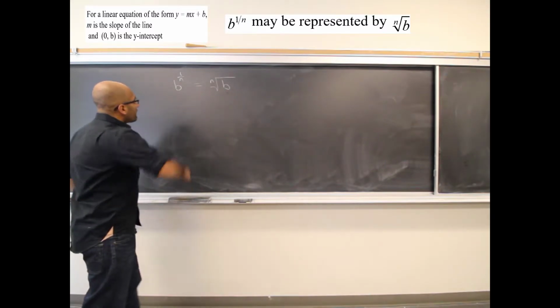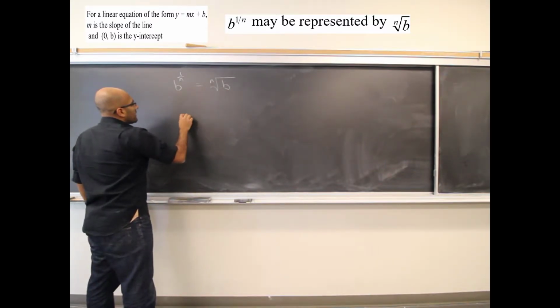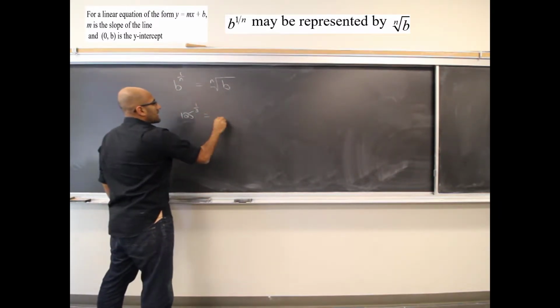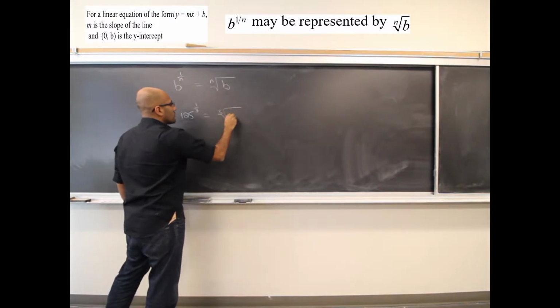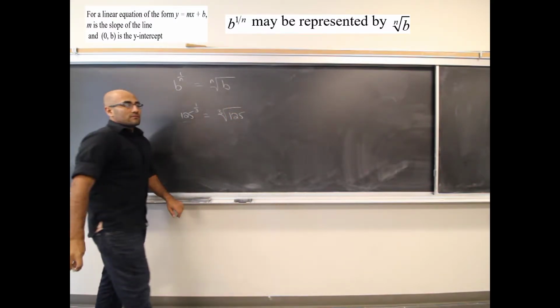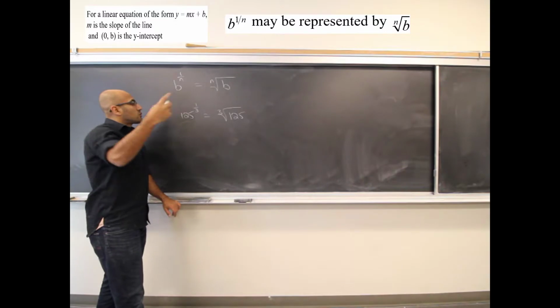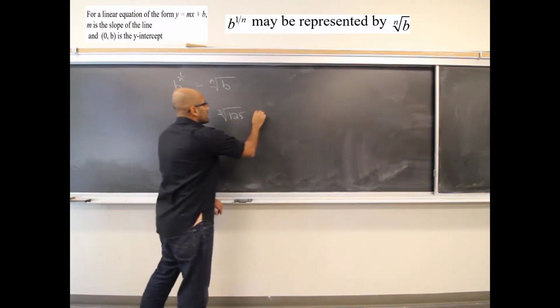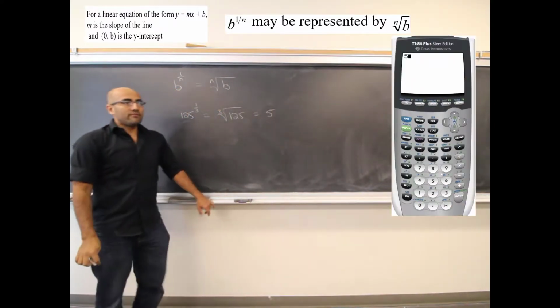Same thing. So for example, let's just find a new one. How about 125 to the power of 1/3? That's the same thing as the cube root of 125. Right? And so the answer will be some number so that when you multiply it times itself 3 times, it'll give you the 125. We know the answer is 5.